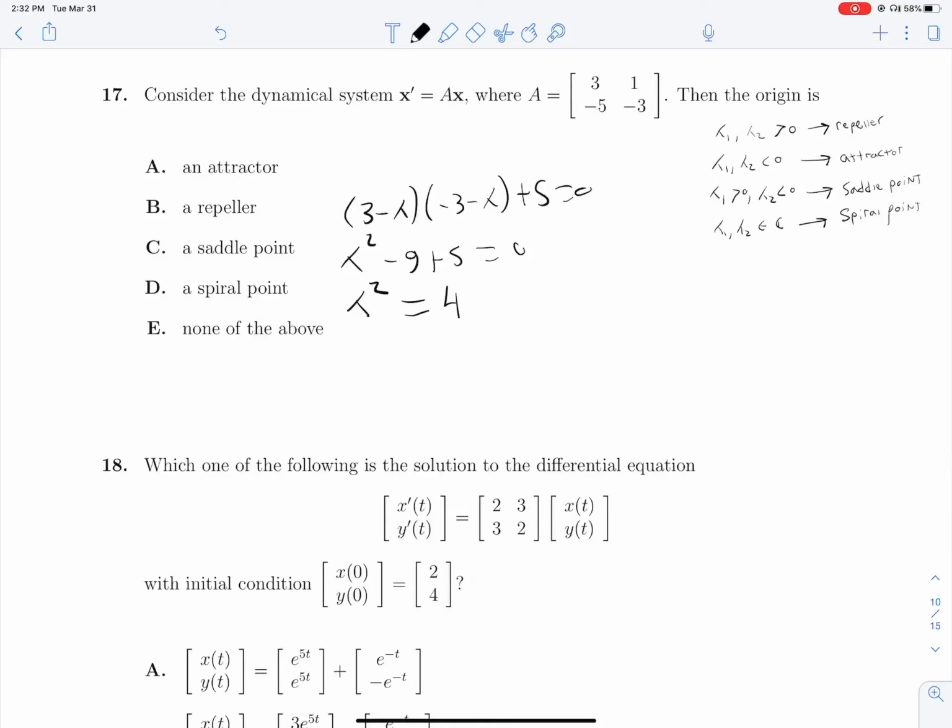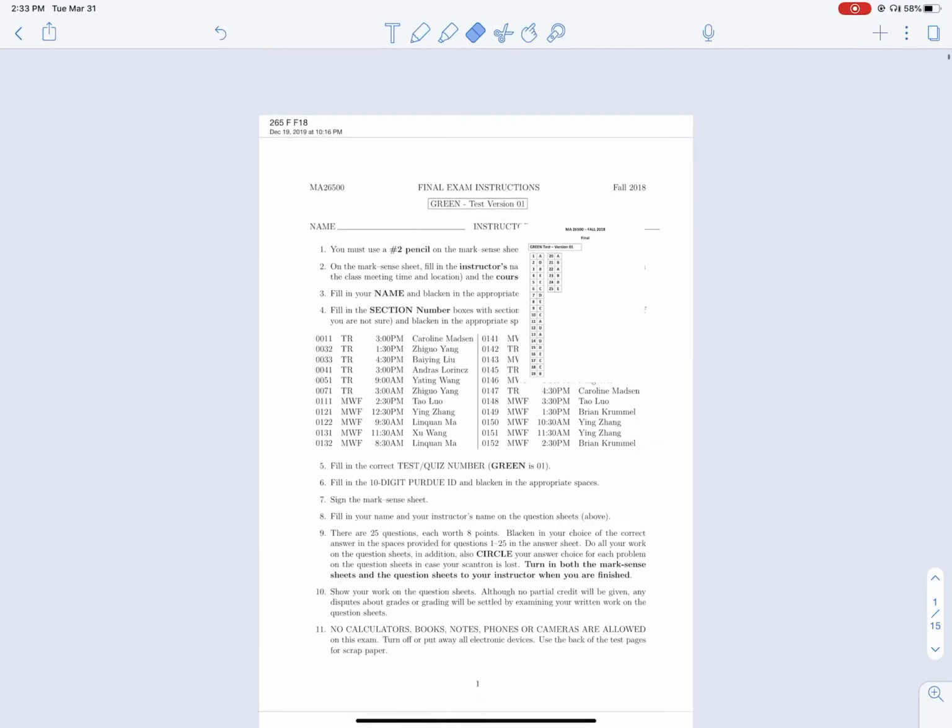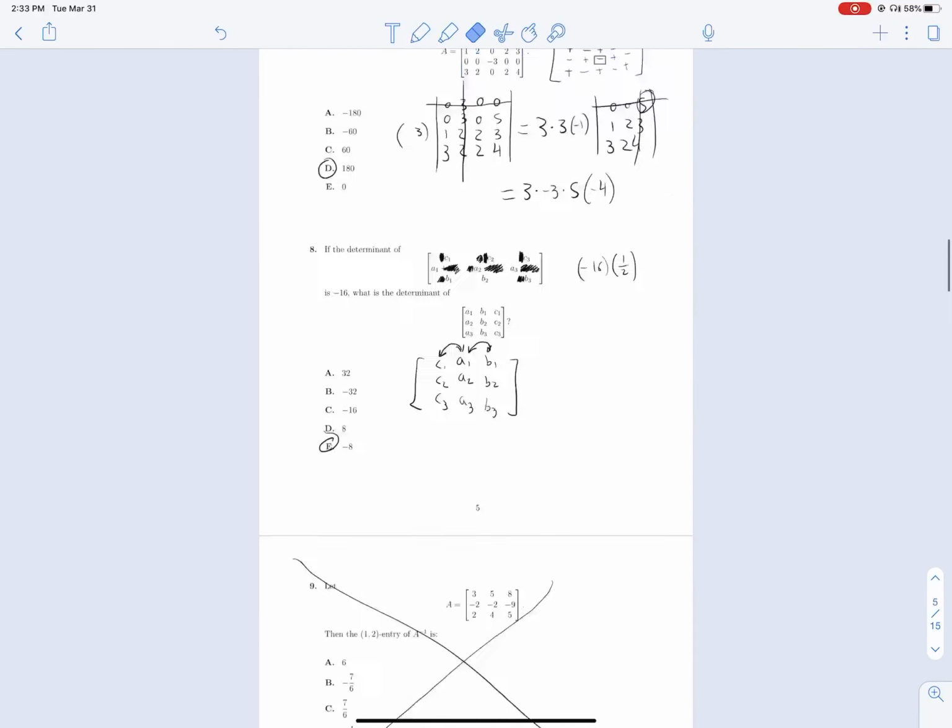I'm going a little crazy here. Yes, lambda squared is equal to 4. So lambda is equal to plus or minus 2. And because we have one positive and one negative value for lambda, the origin will be a saddle point. So 17 is C.